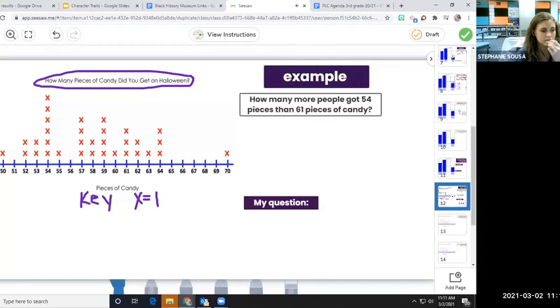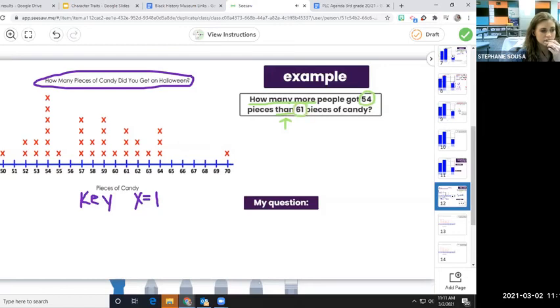Our question says, how many more people got 54 pieces than 61 pieces of candy? Okay, I'm noticing some comparing language. I'm noticing my question words, how many more? Then I'm noticing this word than. I'm going to compare 54 pieces of candy and 61 on the graph.